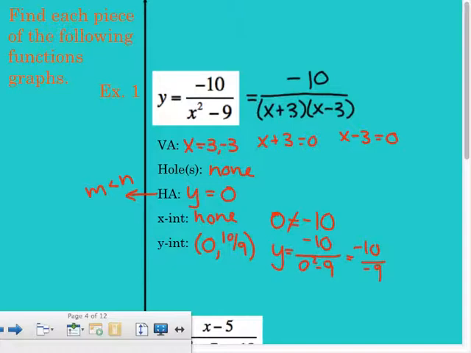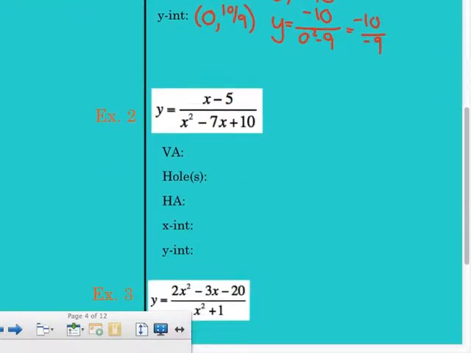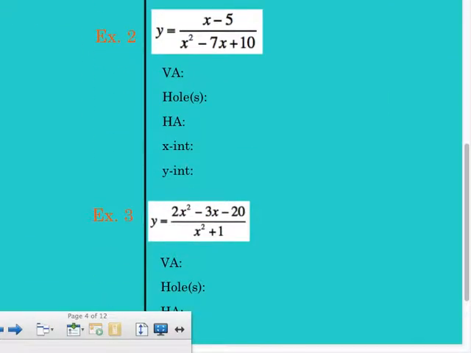You have to be careful when you put it in y equals. You need to put negative 10 in parentheses and divide by x squared minus 9 in parentheses. Make sure you have a standard window on your screen. Once you've graphed it, notice the vertical asymptotes, the horizontal asymptote, and the y-intercept.